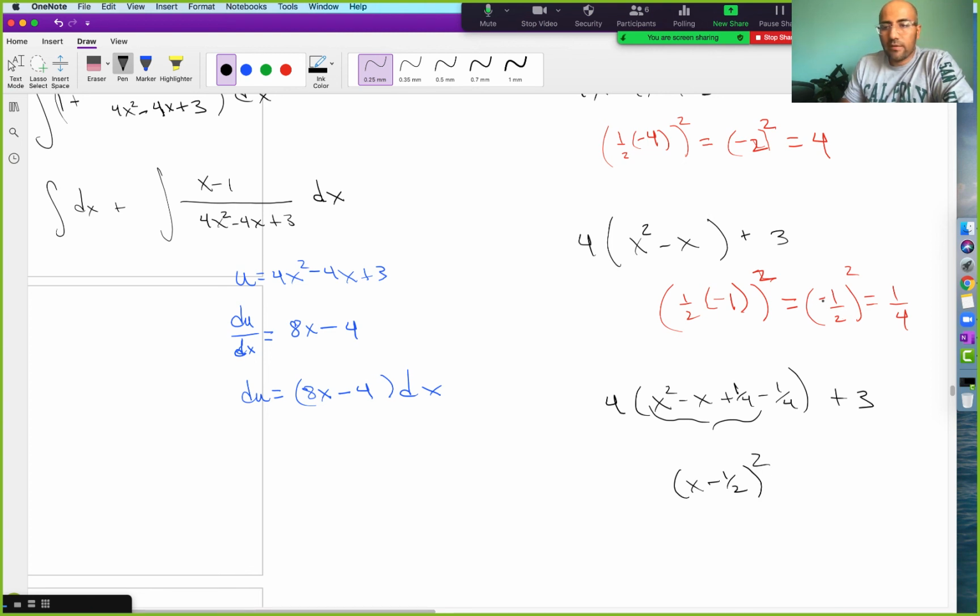From there, that's how I get the minus 1/2. Minus 1/4. The whole thing is still multiplied by the 4, and there's still a plus 3. So we get 4 times x minus 1/2 squared minus 1 plus 3.